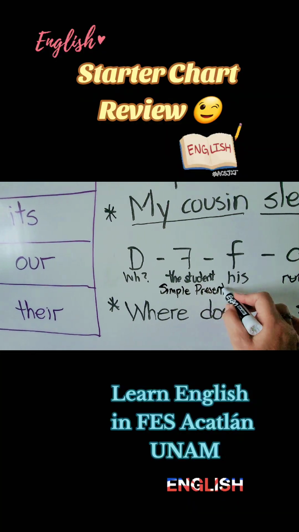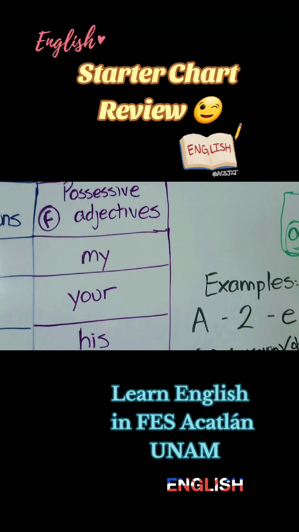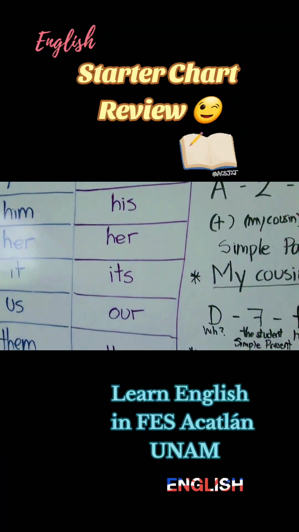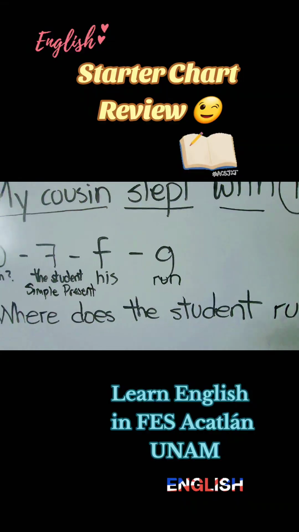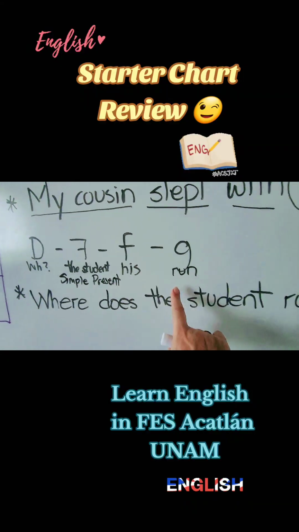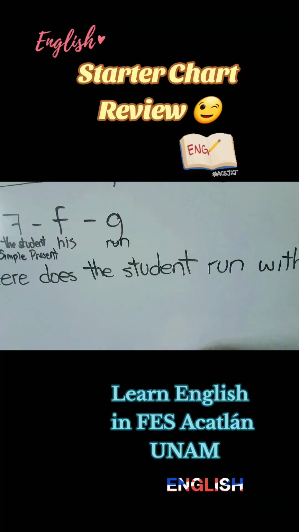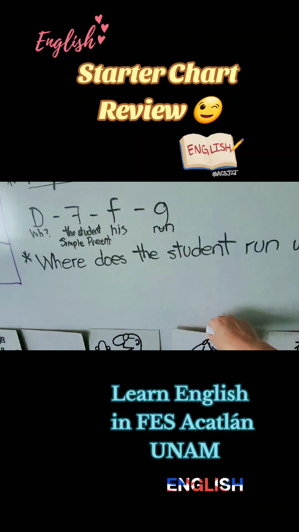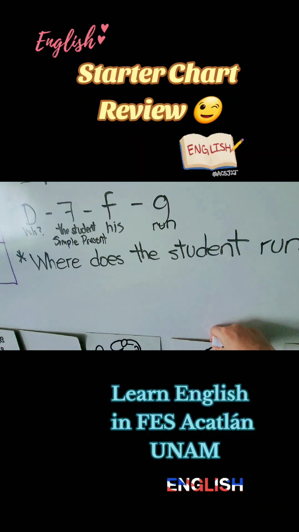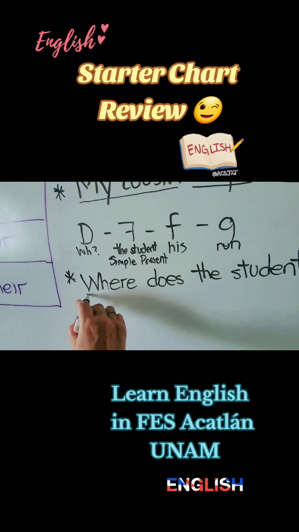And then we have F, that is possessive adjectives. You could choose any. I decided to choose his. And then the verb run, again from the verb cards. Run, ran, run.